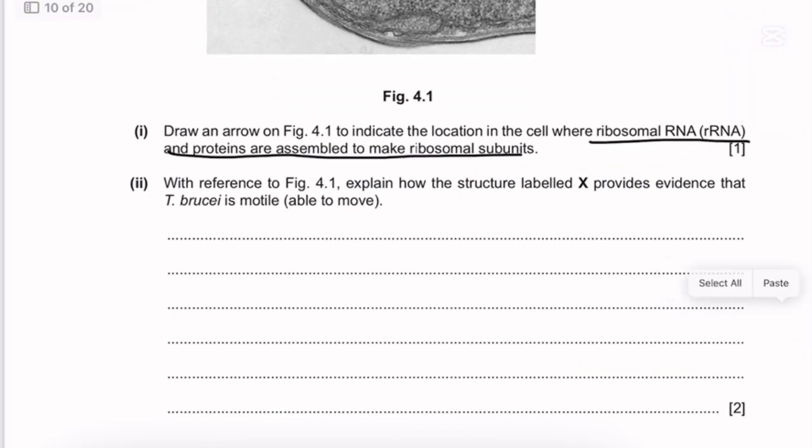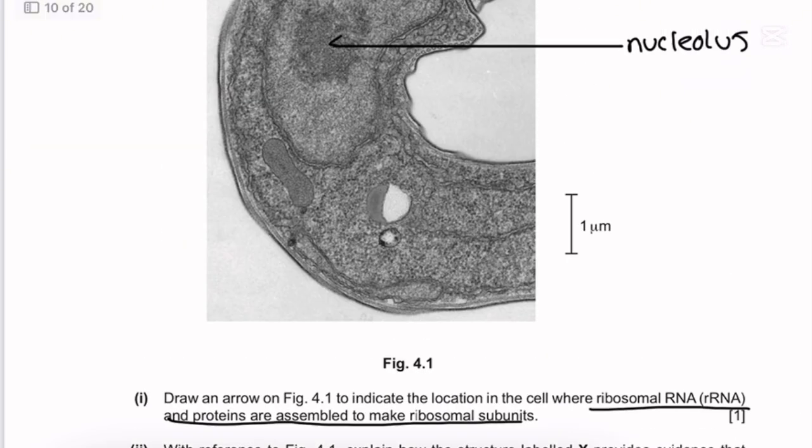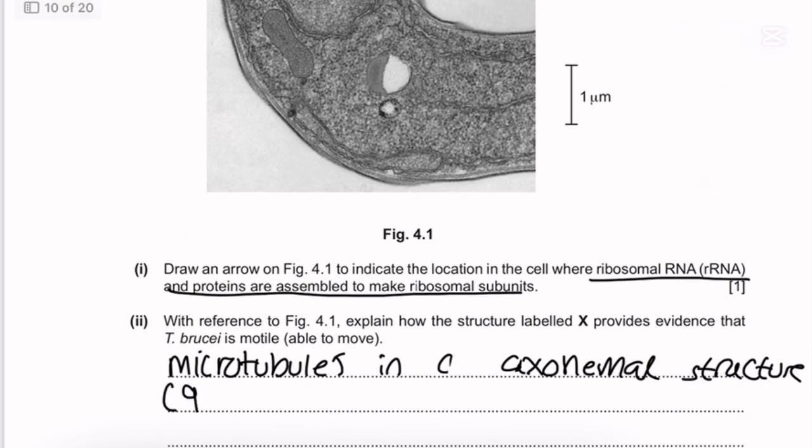So to explain, there are microtubules in an axonemal structure, and this axonemal structure is a 9+2 structure, just like flagellum.